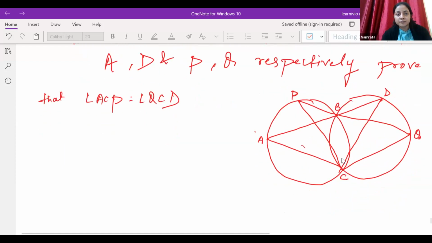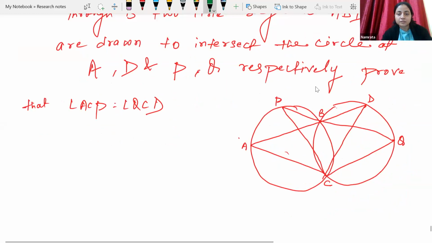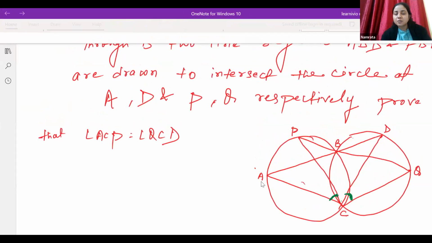Angle ACP, this one, let me mark it. Angle ACP, this angle is equal to angle QCD, this angle. These two angles we have to prove are of the same measurement.